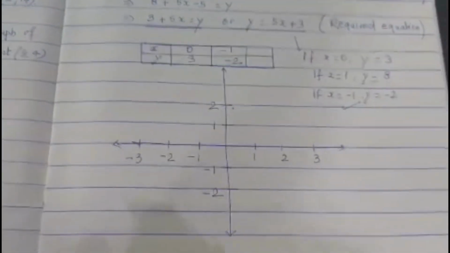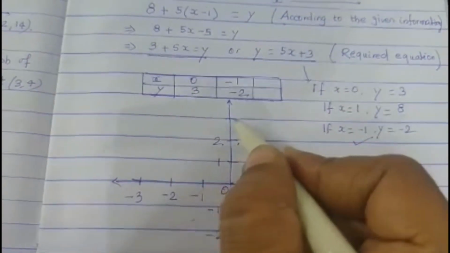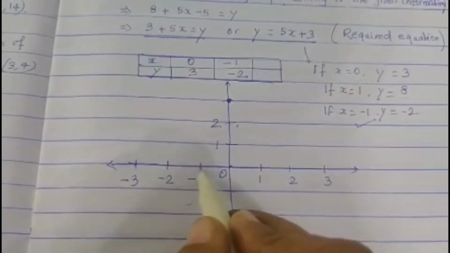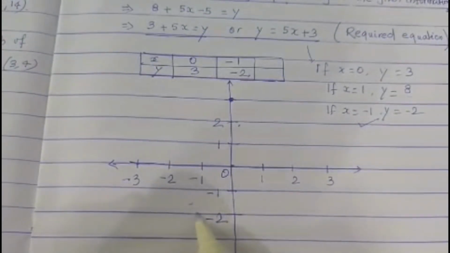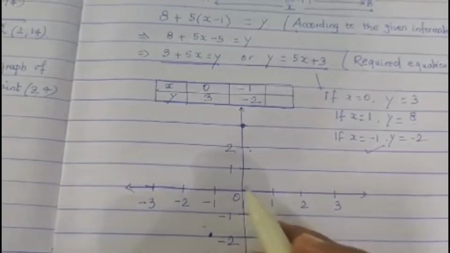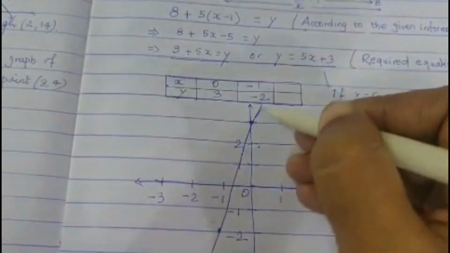So first value was 0, 3. Here it is 3, so 0, 3. Second one is minus 1, minus 2. x is minus 1, y is minus 2. So it will be here, somewhere like this. Okay, now you have to just join these points. It will be like this.